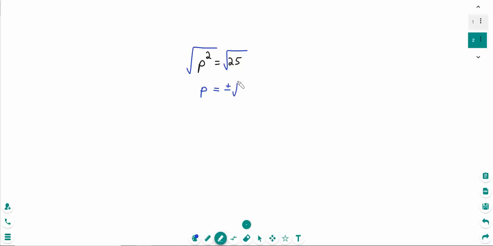I might even say, here it is. It's plus or minus square root of 25. I'm going to write it just like that, just to emphasize the fact that really the first thing we need to do is put this plus minus in here. All right, and then we can look at the square root of 25 and say, oh, well, that's actually solvable. The square root of 25 is 5, so we end up with this plus or minus 5. That is what p is equal to. All right, pretty easy, huh?